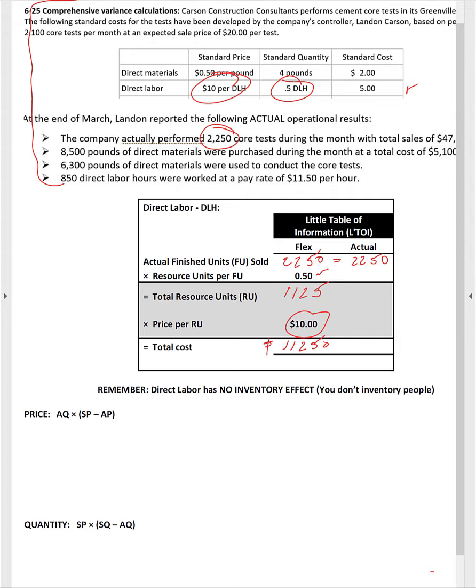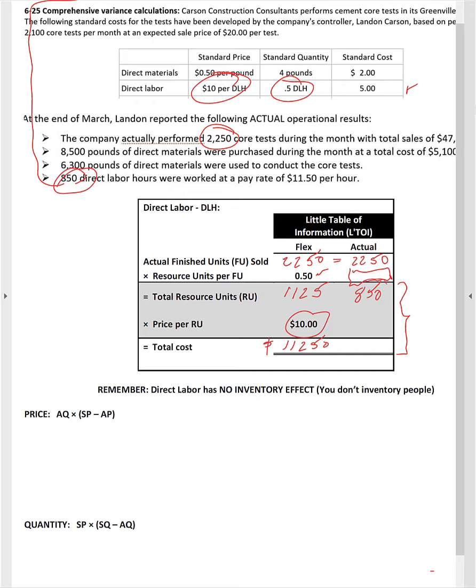Now, the other part that we have left is the side of the actual. In this case, they tell you that you used 850 direct labor hours, so that goes here. One of the things you're used to is sometimes I could give you the actual resources per finished unit, so it's a multiplication.